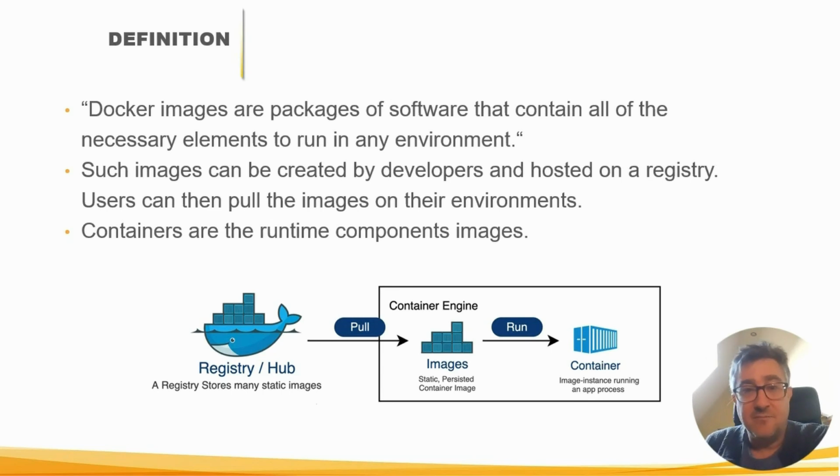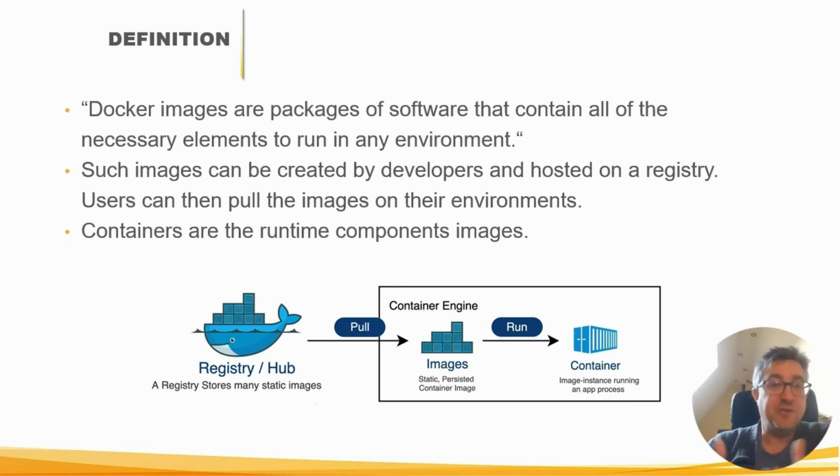Such images can be created by developers and hosted on a registry. Then, if you want to use them, users can pull the images into their environment. And once you start to use them, you have to deploy them into what we call the container.